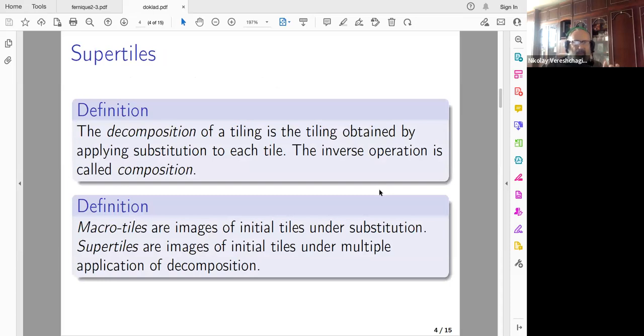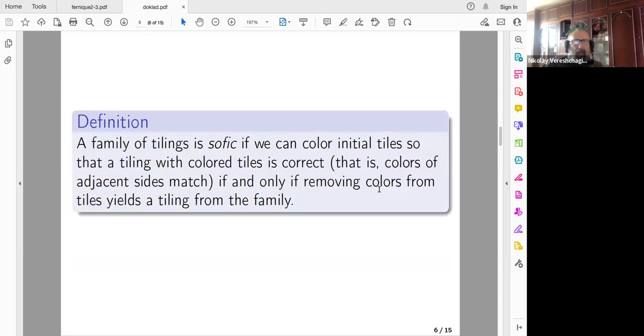And we will call such a family sofic if the following holds. We can color the initial tiles, meaning we color their sides, so that a tiling with colored tiles is correct if and only if removing colors produces a tiling from the family. That means that we define our initial family of tilings using local rules of one type.